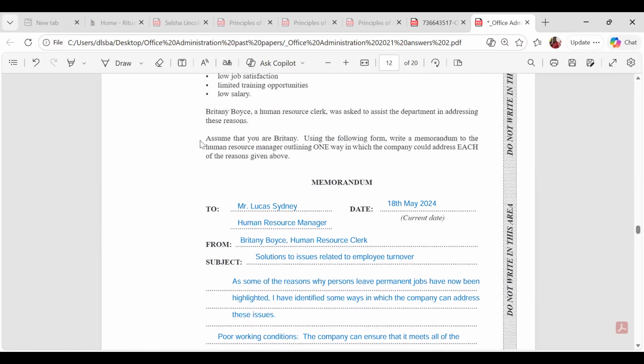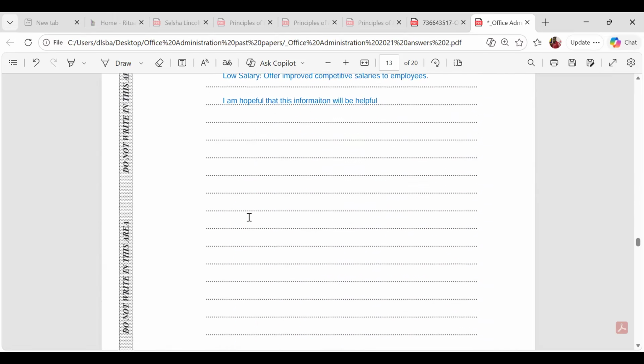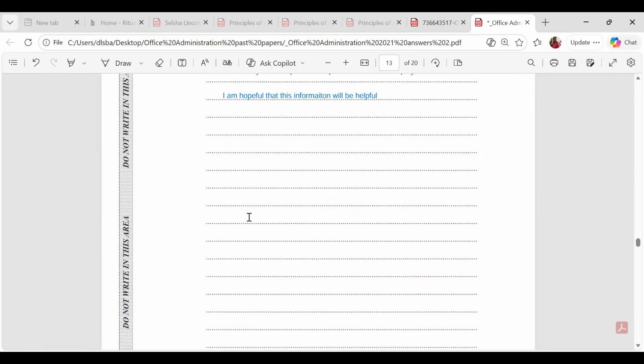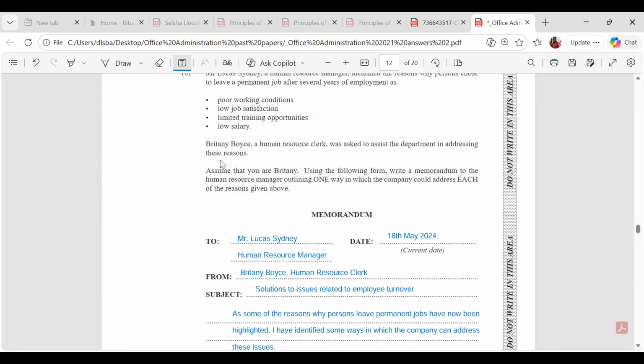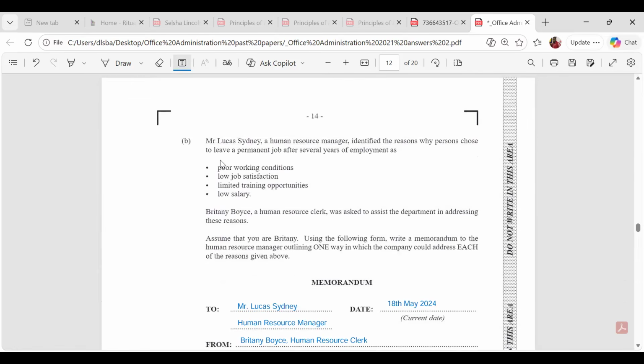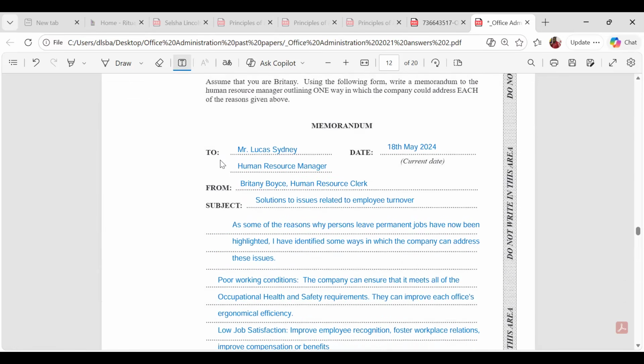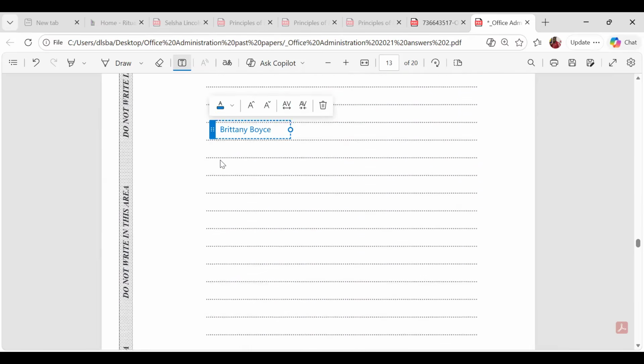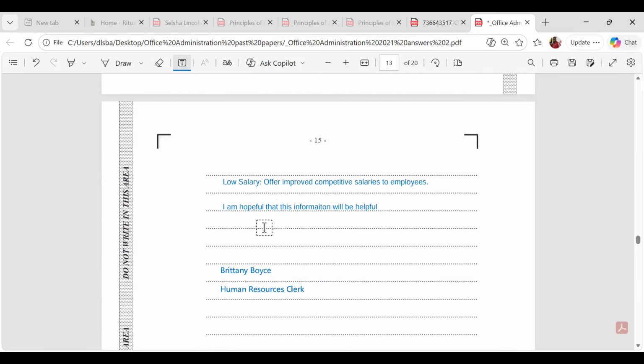Now at the end here, you could have Brittany Boyce. That's her name. Human resource clerk. What it's not going to have is a complimentary close.